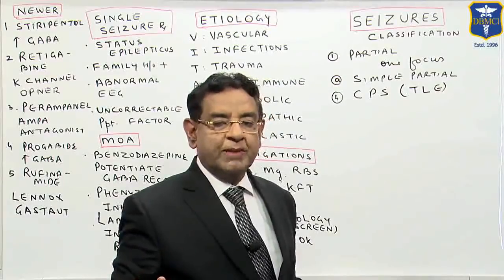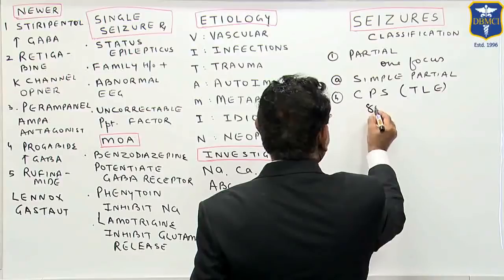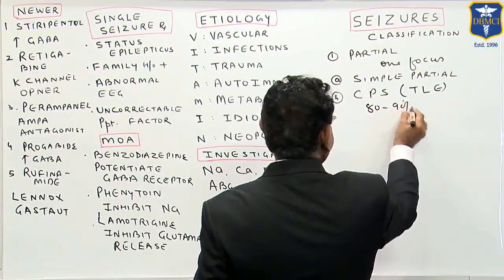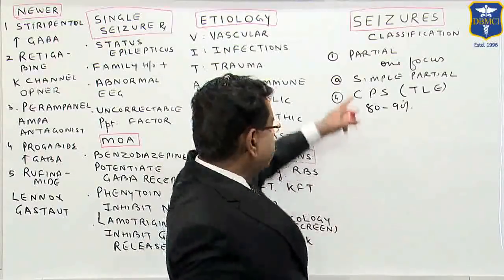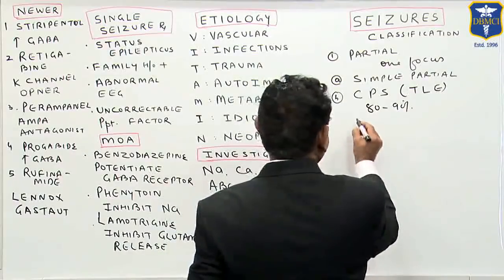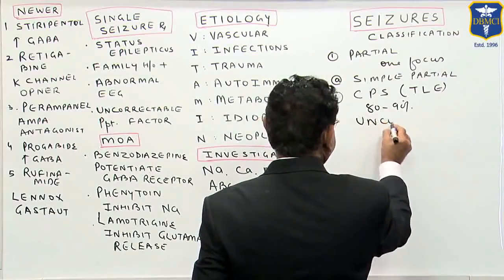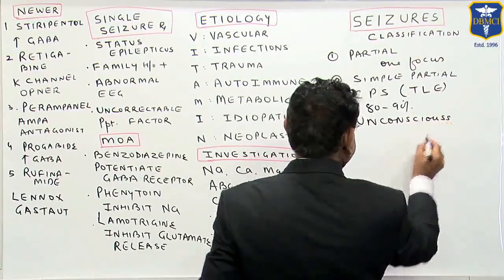Why temporal lobe epilepsy? Because in this, the temporal lobe is involved in around 80 to 90% of cases. Now, what are the features? It is the same as simple partial, but with an additional feature: the patient is unconscious.